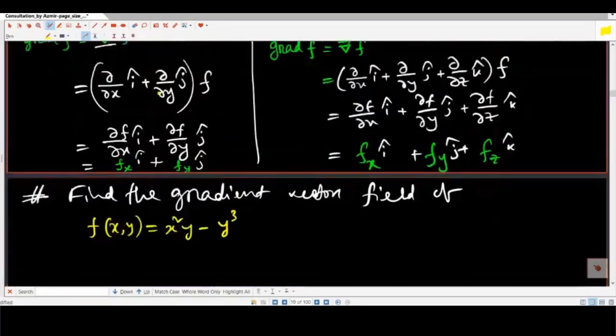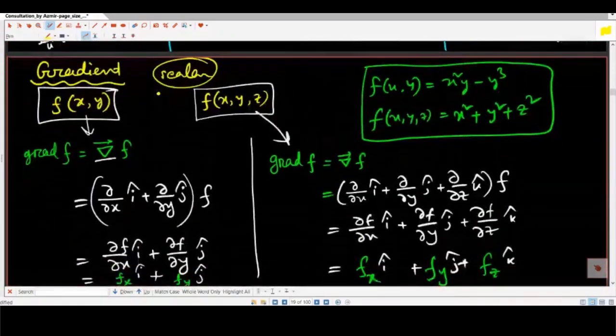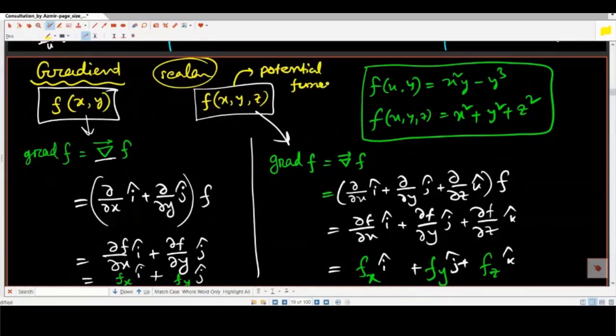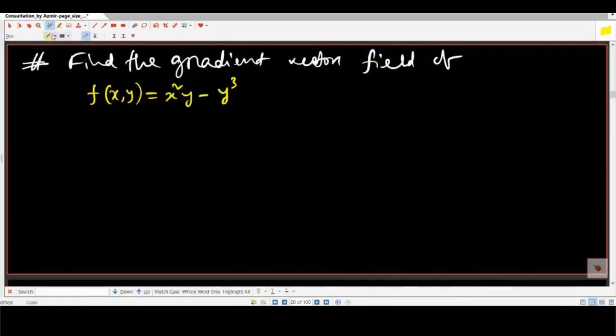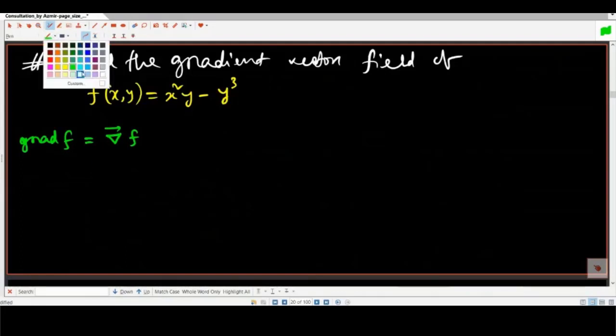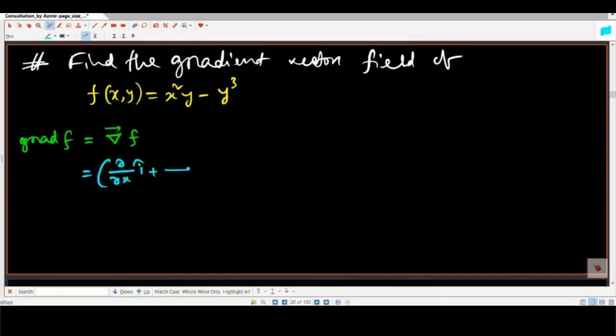This scalar function has another name, that is called the potential function. So let's try to find the gradient. The gradient of f, that is del f, will be ∂/∂x i plus ∂/∂y j.